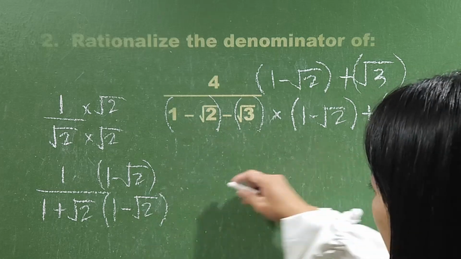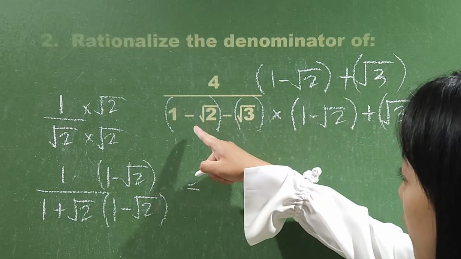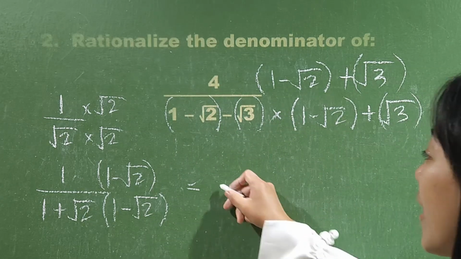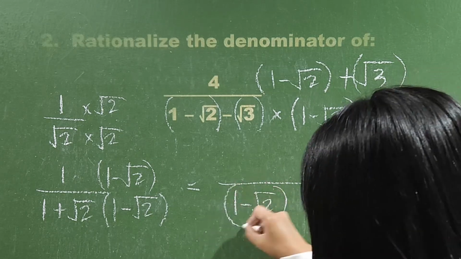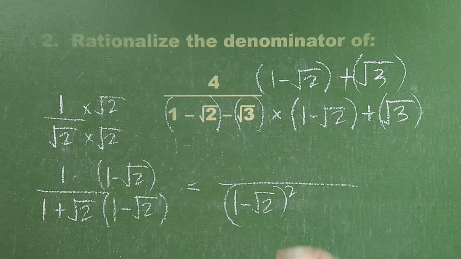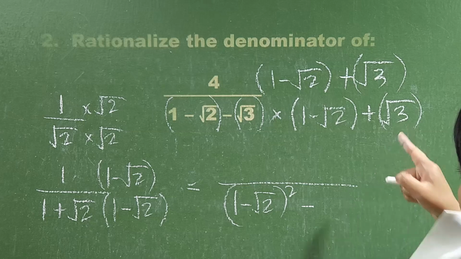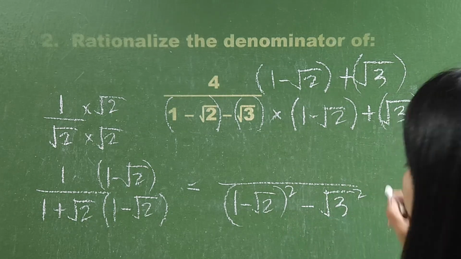Okay, this time, if we take a look at this denominator, 1 minus square root of 2, and here is 1 minus square root of 2. So we can write this as 1 minus the square root of 2 squared minus square root of 3 squared.